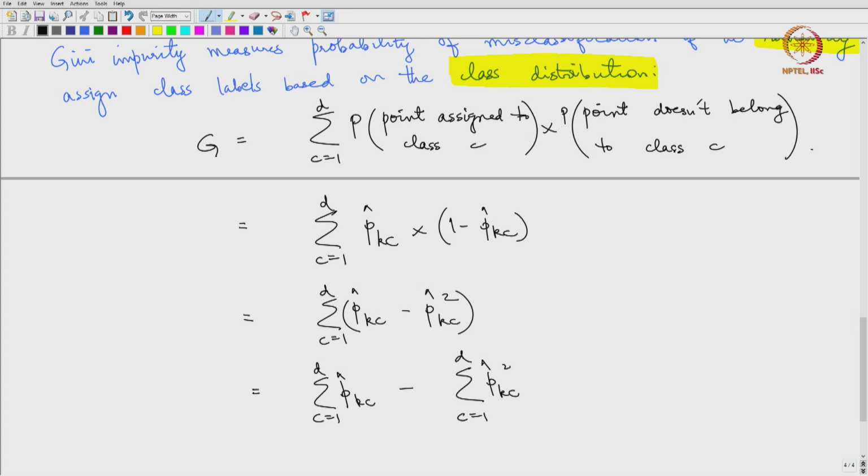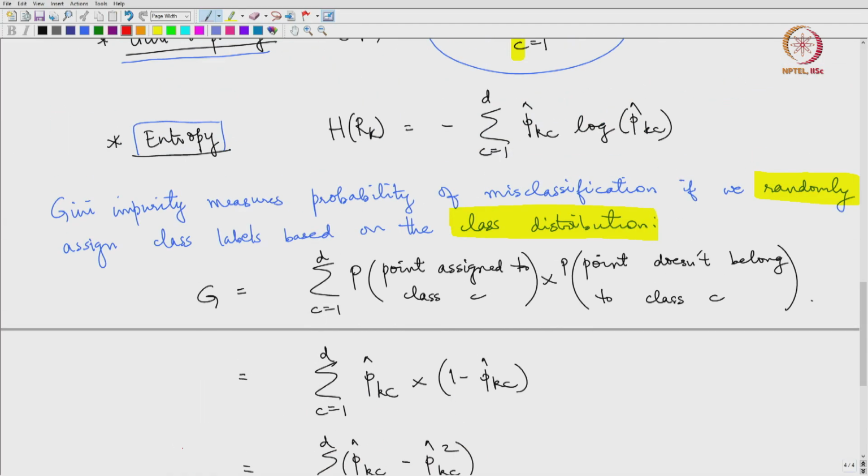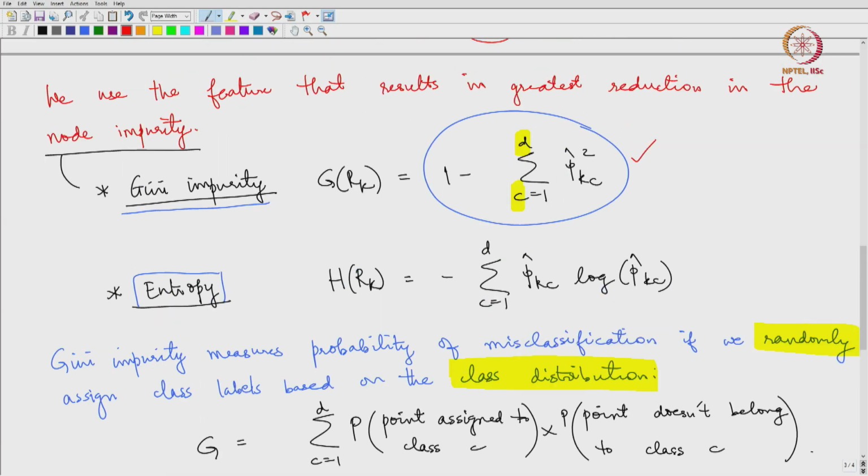The nice thing now, of course, and you may have already noticed this, is that probabilities always sum up to 1. So the sum over C going from 1 to D, if you sum over all the classes, the probabilities are obviously going to sum to 1. So your Gini impurity becomes 1 minus the sum over C going from 1 to D of p hat kc squared, and this is exactly what we had written on the previous page, as well as several lectures ago when we were talking about the training of decision trees.